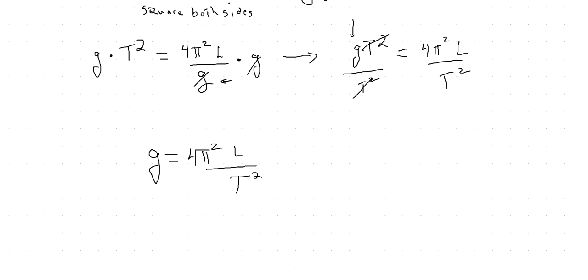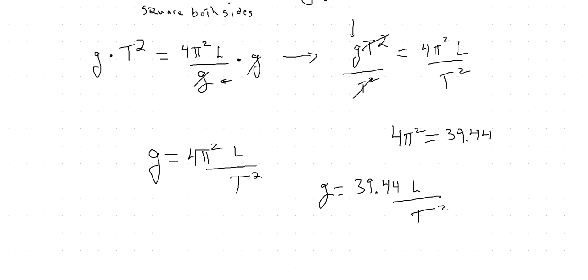Now, I think in the write-up, they work out in the table that 4 pi squared is equal to 39.44, I think. Okay, so now we have G equals 39.44 L divided by T squared.